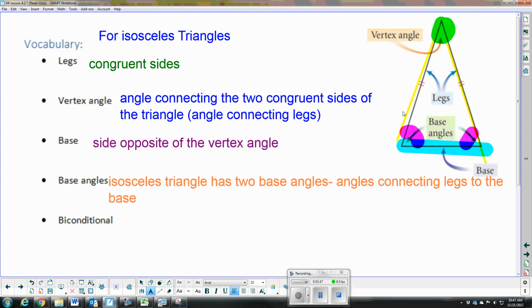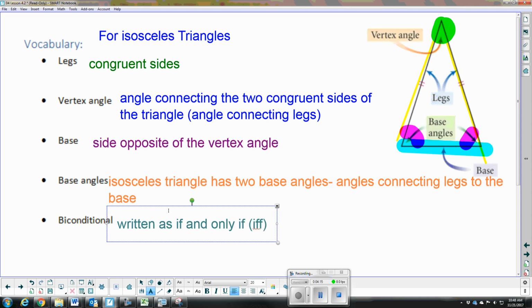And then lastly, a term that is not in this diagram, but biconditional. And we've worked with this a little bit at the beginning of the year, but we're going to revisit it because this lesson does have a biconditional statement. So a biconditional statement is often written as an if and only if. So remember at the beginning of the year we wrote IFF, that means if and only if.